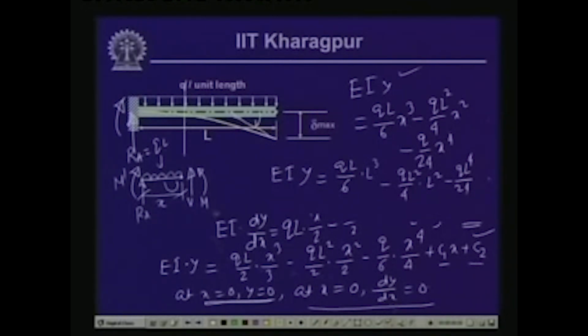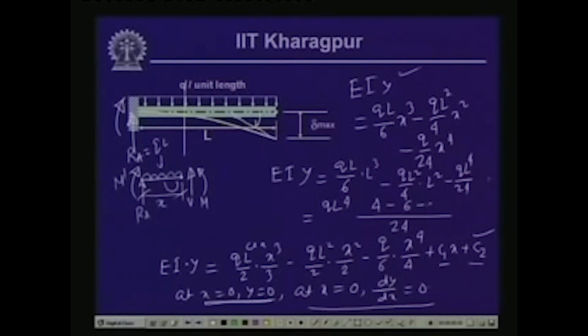If we combine this together, we have QL4 by 24 times (4 minus 6 minus 1). So 6 minus 1 is 7, and 4 minus 7 is minus 3. So this equals minus QL4 by 8, which gives the value of EI y.